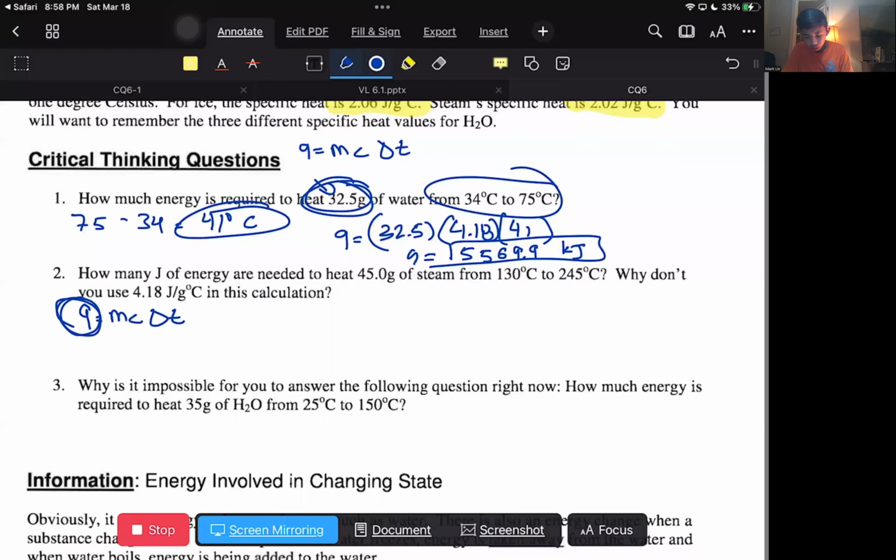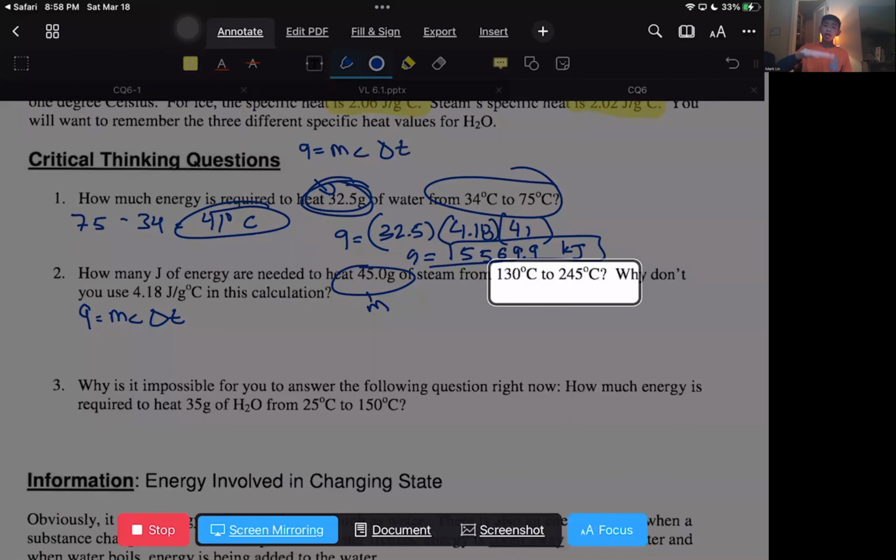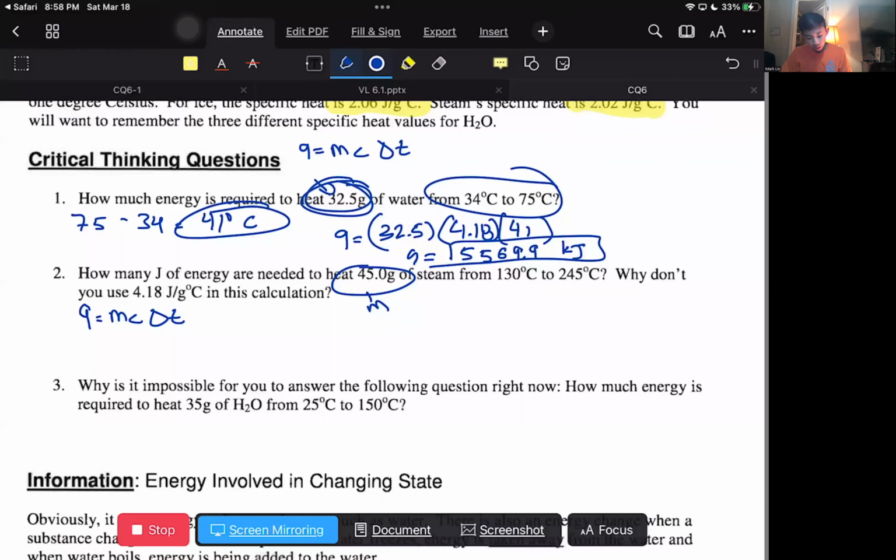I need to heat 45 grams, and grams is just mass. Then we have a temperature change from 130 to 245, so it raised.